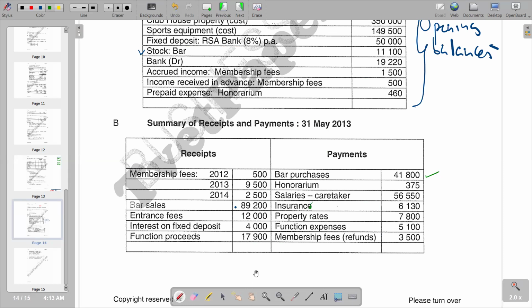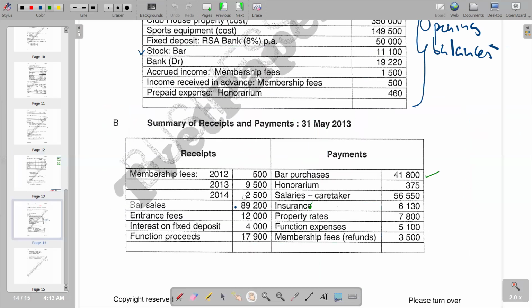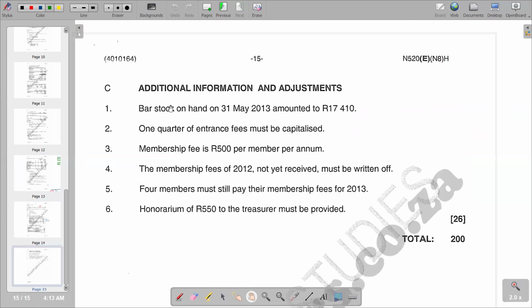Go to additional information. Remember, we have entered opening stock. So our closing stock should appear on the credit side. And we can only get to know about closing stock if you go to additional information. So if you come in, our first item is saying stock on hand on 31 May 2018 amounted to 17,410. So this is our stock.